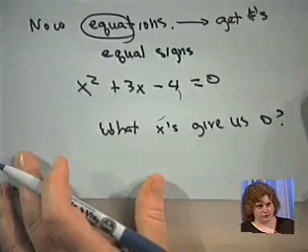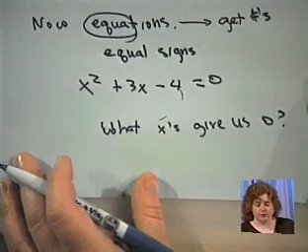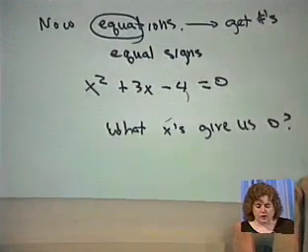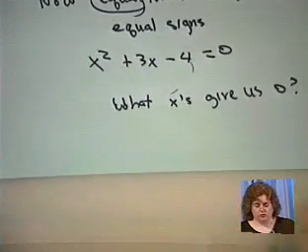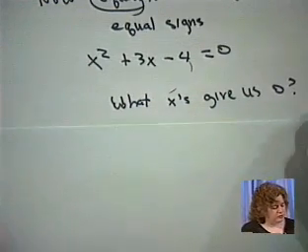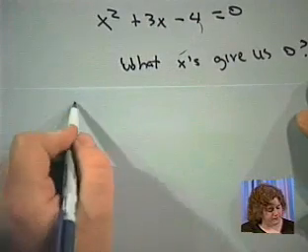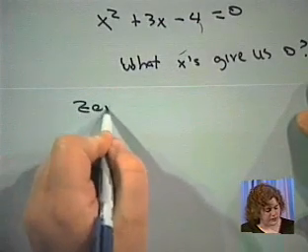We're not going to spend all day sampling different x's and seeing what works. That would be a waste of time. What we are going to do is use the zero factor property to let us find out what those values are quickly and easily in combination with factoring.